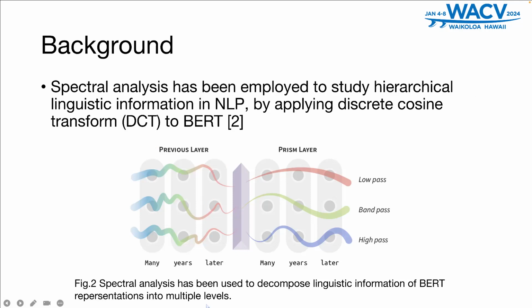Recently, some researchers proposed to employ spectral analysis in the representations of BERT and decompose the linguistic information into multiple granular levels. For example, the low-frequency components of BERT representations correspond to long-range semantic levels such as the document level, whereas high-frequency components can correspond to short-range semantic levels such as phrases or words.